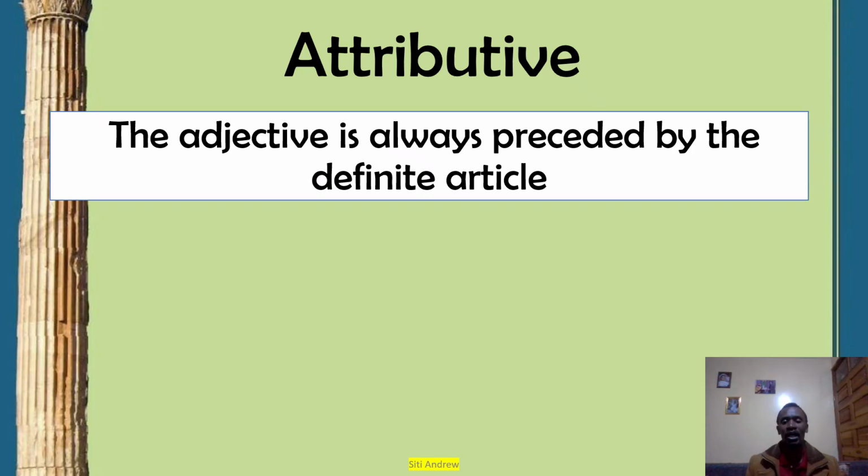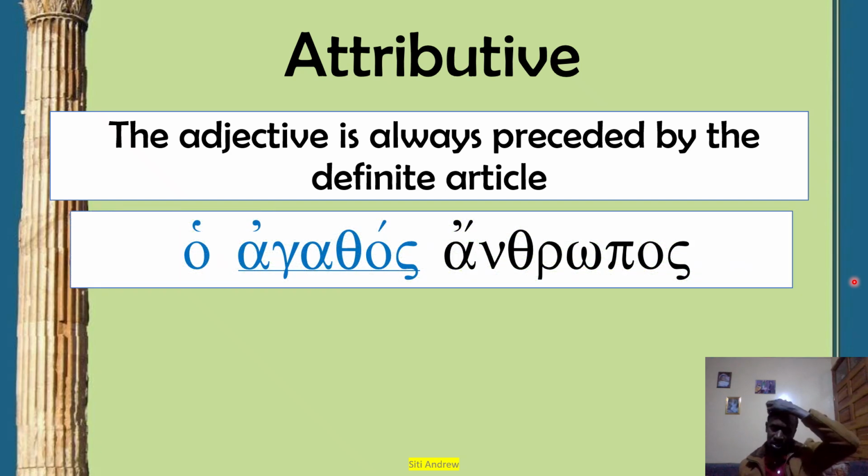So it actually agrees with the word it modifies in case, in number, and in gender. So the word order most of the time does not matter. Look at this sentence. O agathos anthropos.